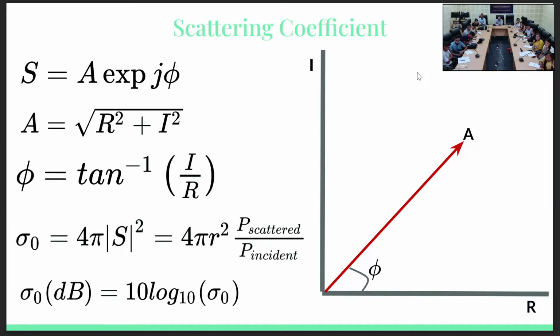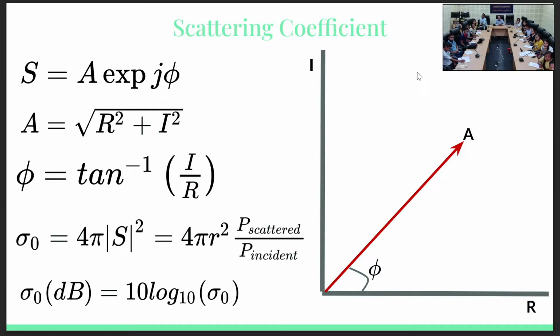Now, we have to come to what the scatter itself is. We saw that the energy coming onto the surface is going to be scattered back, right. Now, the scattering is going to be represented by something called sigma naught. Sigma naught is a backscatter coefficient.